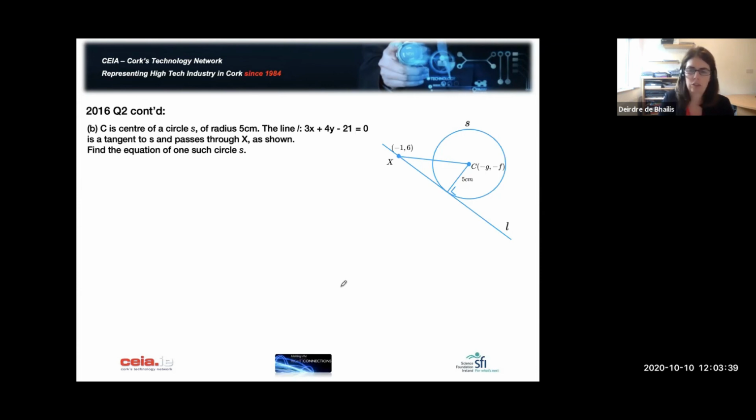Well, straight away, I suppose we know if it's tangent, then we have this right angle triangle here that could be useful to us. There's our right angle. We know this distance, we know this equation, we know this point.